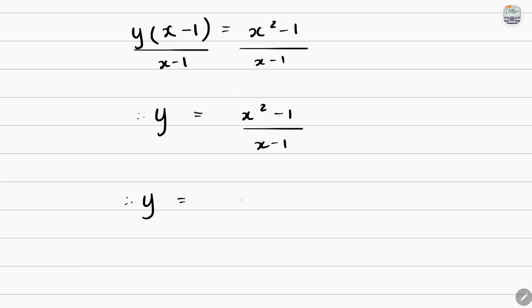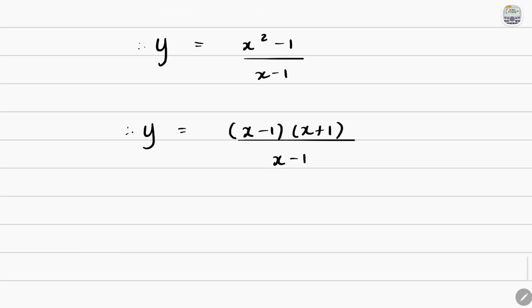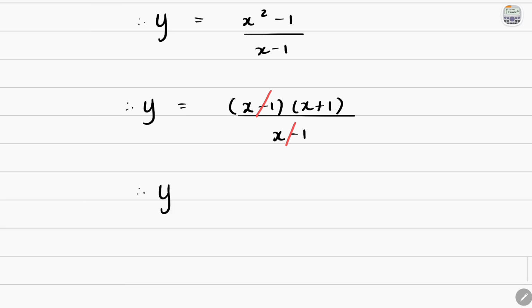So y equals, and we're going to open up two brackets. So this is going to be x minus 1 times x plus 1 all over x minus 1. And so these two would cancel, they simplify, and so therefore y is equal to x plus 1.